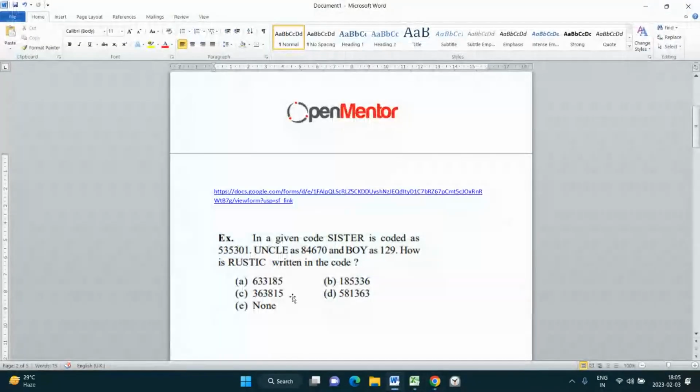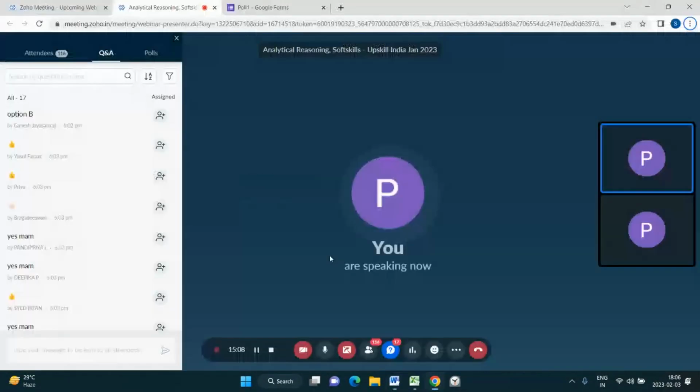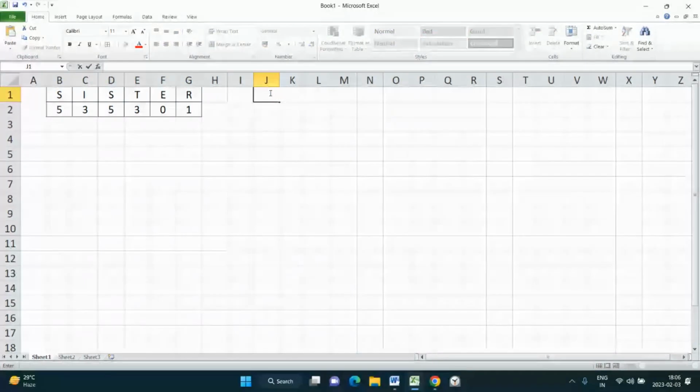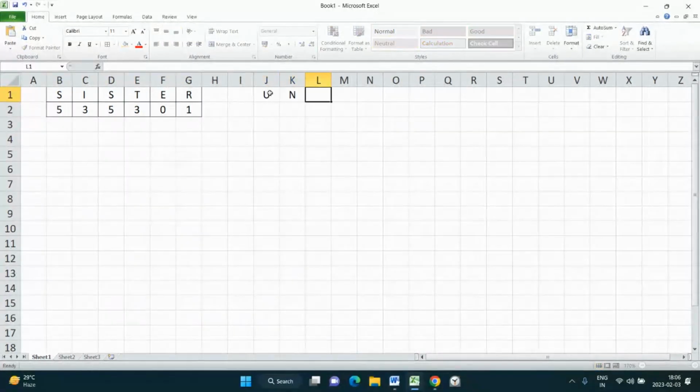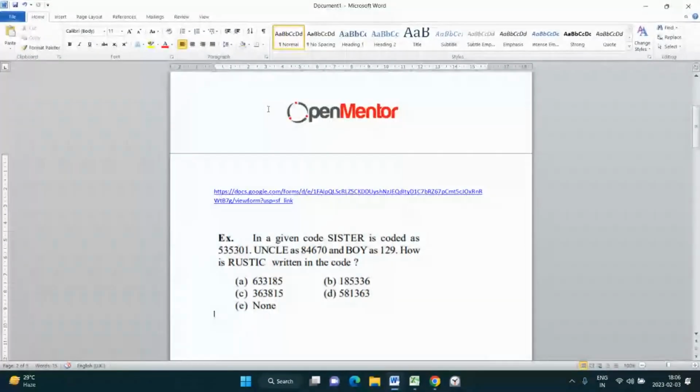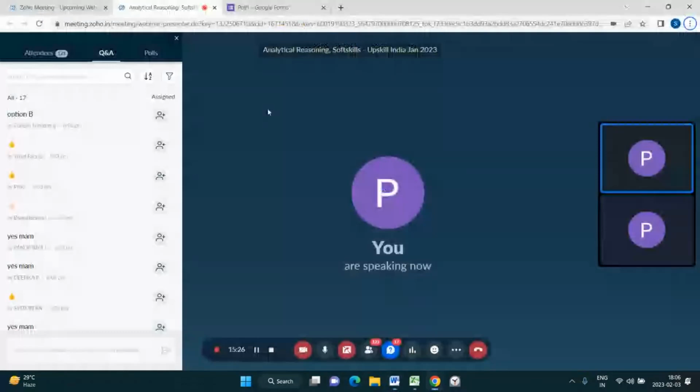This particular example says in a given code, sister is coded as 535301 and uncle as 84670. He has coded uncle, U N C L E, as 84670.